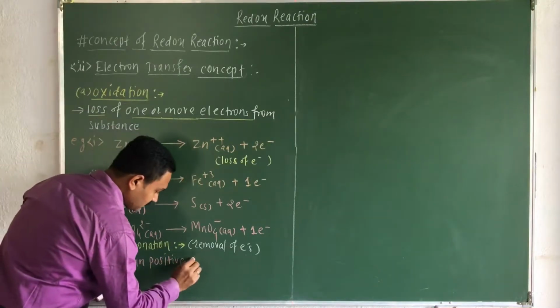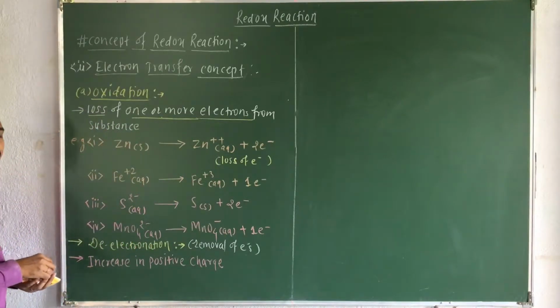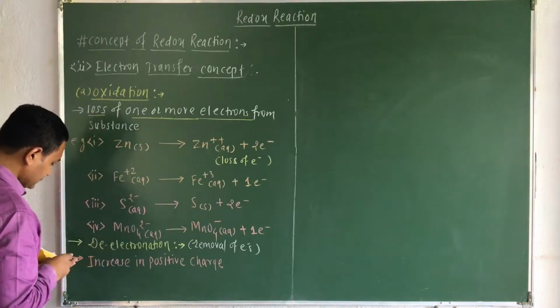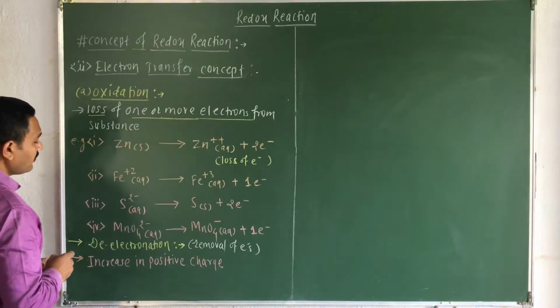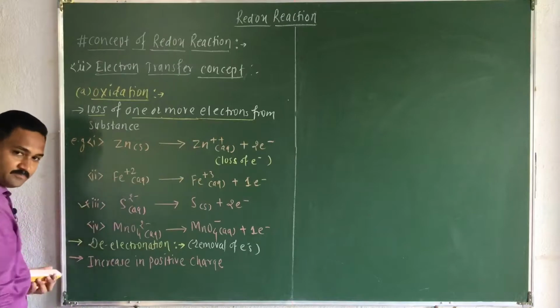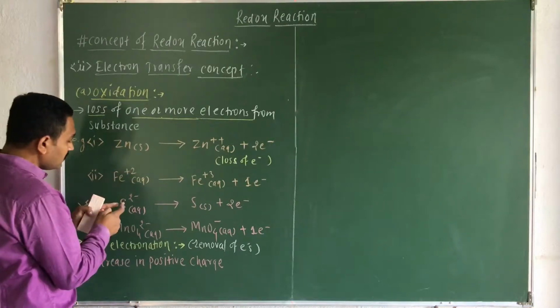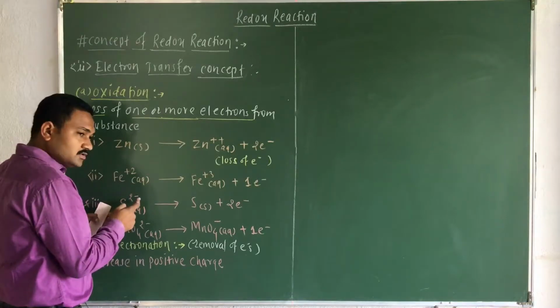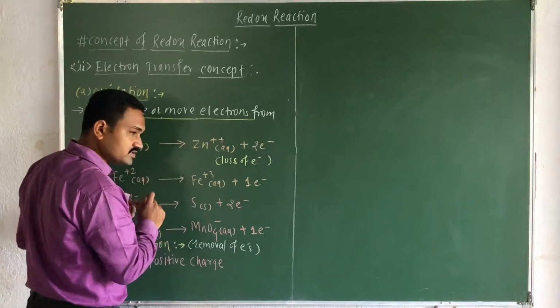Now the third important point, by observing the third example: sulfur 2- ion converted to sulfur with 0 charge.